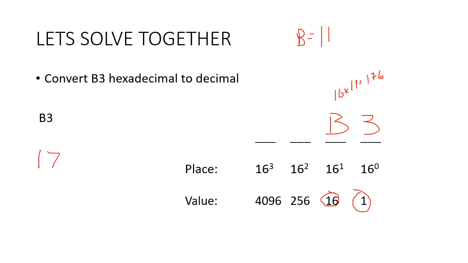So we take 176 and we add it to this value here, which is 1 times 3, is equal to 3. So 176 plus 3 is 179. So B3 in hexadecimal is equal to 179 in decimal. This is our value. This is our number.